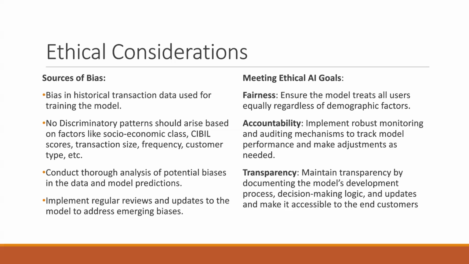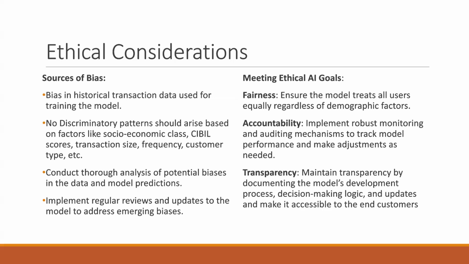Speaking from the ethical considerations, we have various sources of bias, I would say, which will have to be addressed. It can be based on the historical data that we have used to train the model, where the historical data could be biased in one way or the other. So we need to ensure that there is no bias in the model based on, let's say, socioeconomic factors, maybe the CIBIL scores, the transaction size, the frequency of transactions, the customer type.